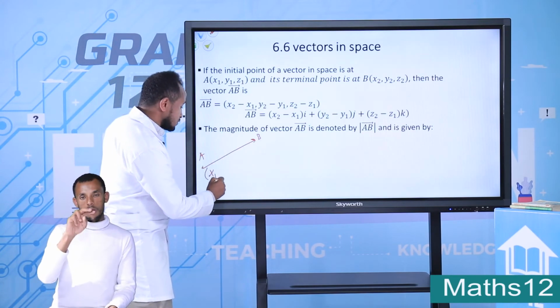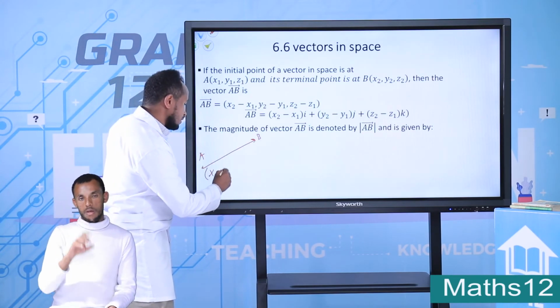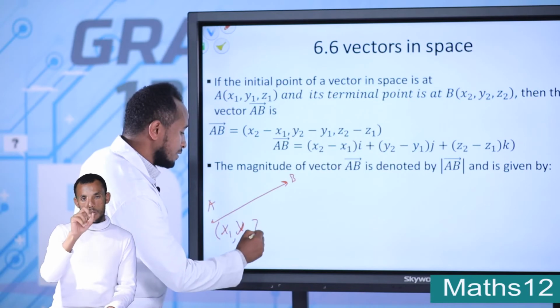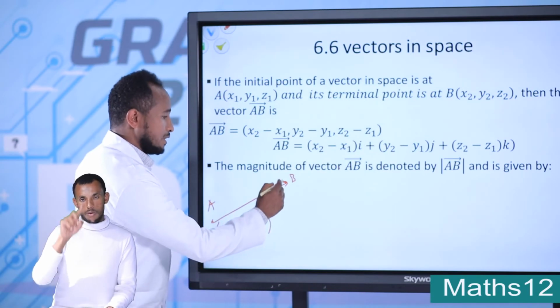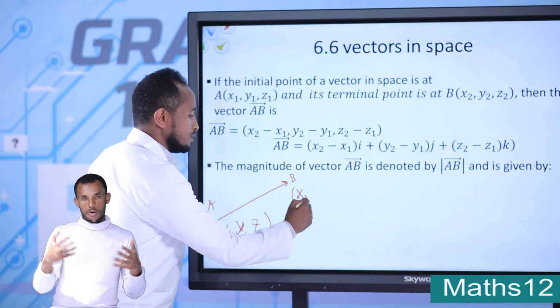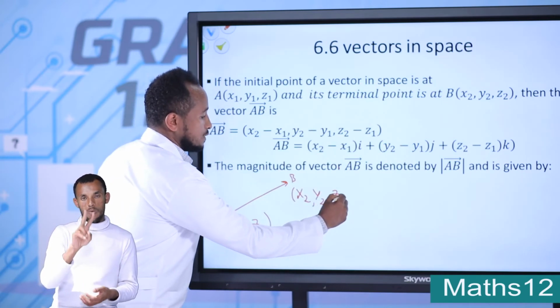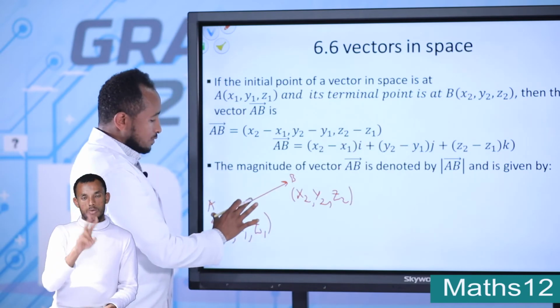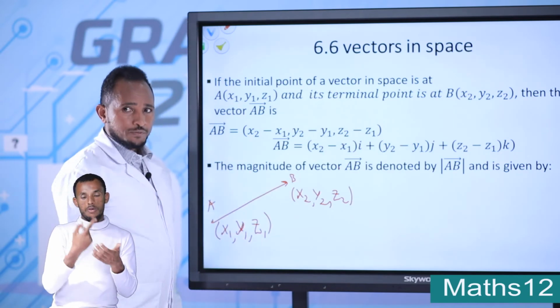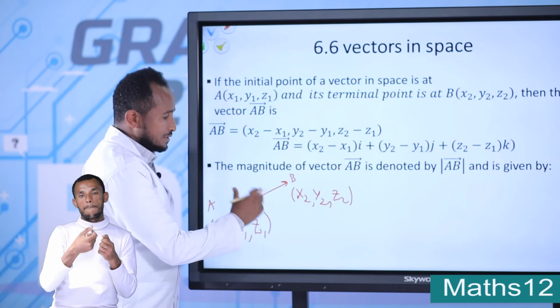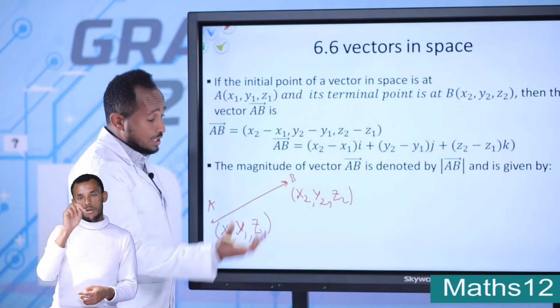So the length of this vector is its magnitude, and to find this length you apply the distance formula.